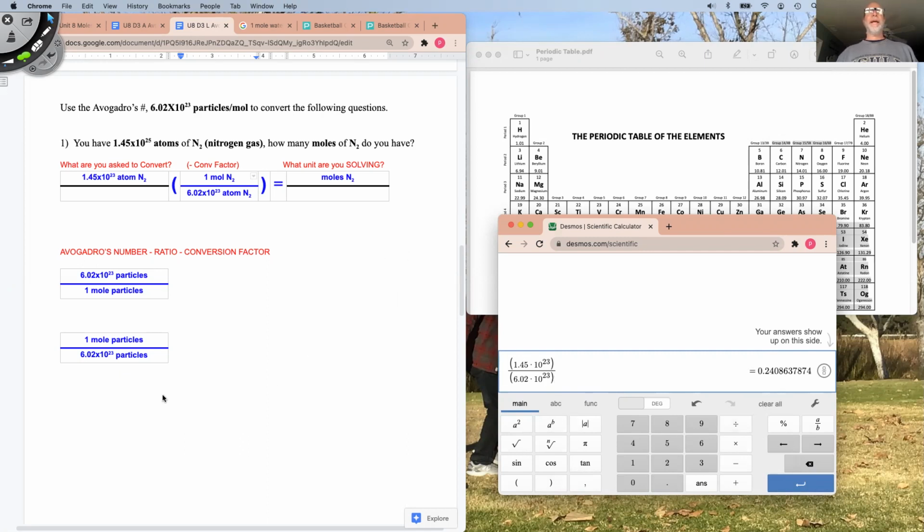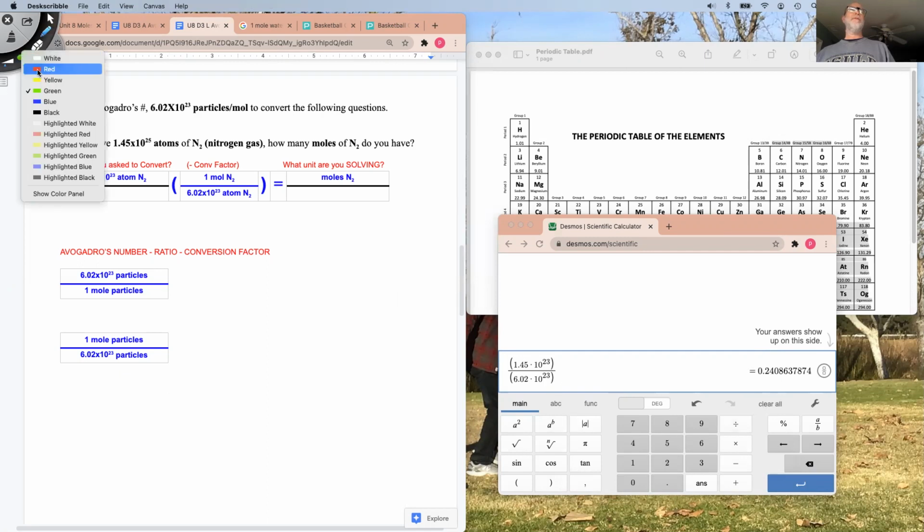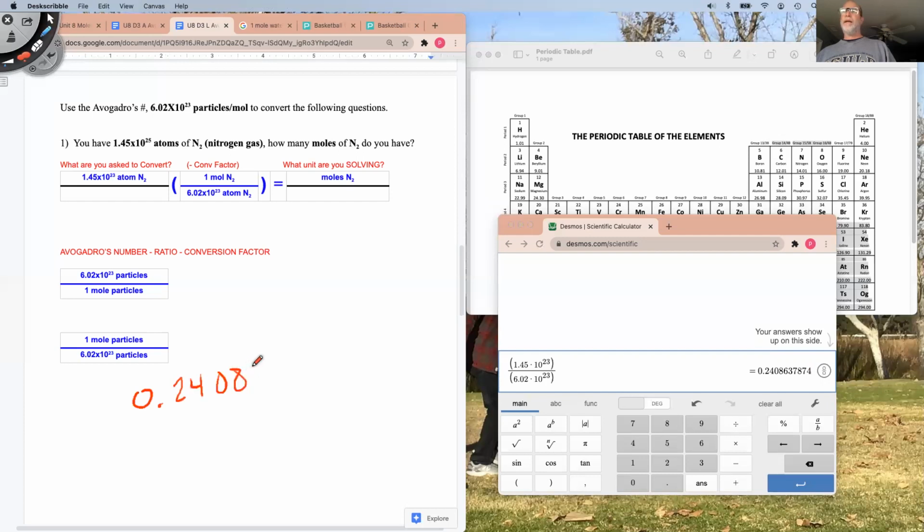0.2408. So my answer, ladies and gentlemen, I'll write this out, okay, is 0.2408637874. Don't ever write that number. You only want to keep the first three numbers after the decimal place.